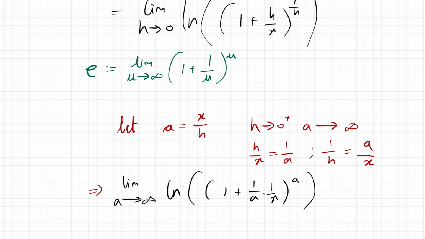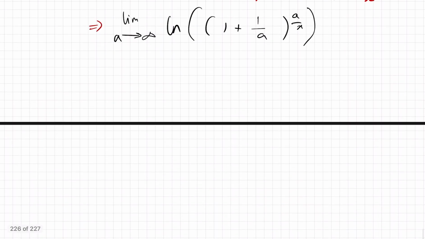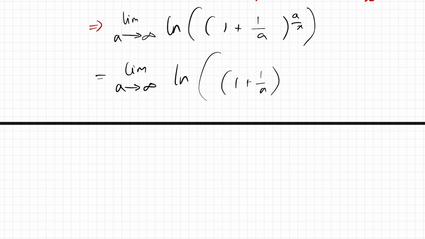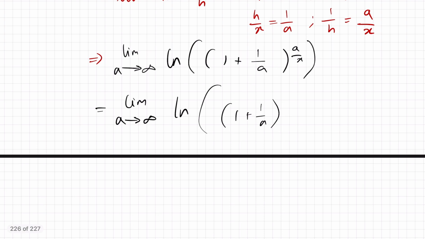So now I can put this transformation in properly. 1 plus 1 over a. And we're going to use an exponent law here. So if we have 1 plus 1 over a to the power of a over x, we can write a over x as 1 over x multiplied by a.